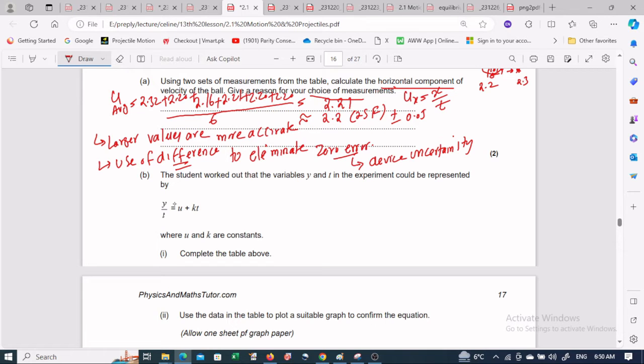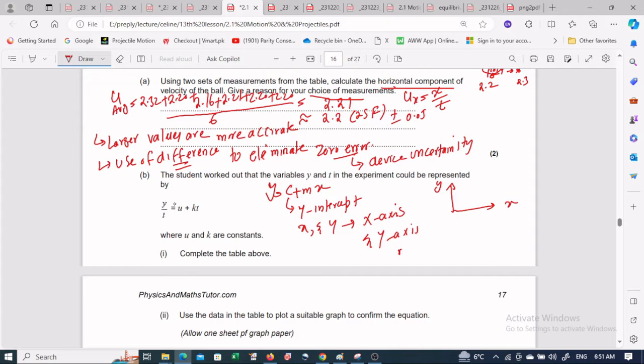This equation looks just like the equation of a straight line, y is equal to c plus mx, where x and y are the coordinates, and c is the y intercept. x and y are the x axis and y axis.